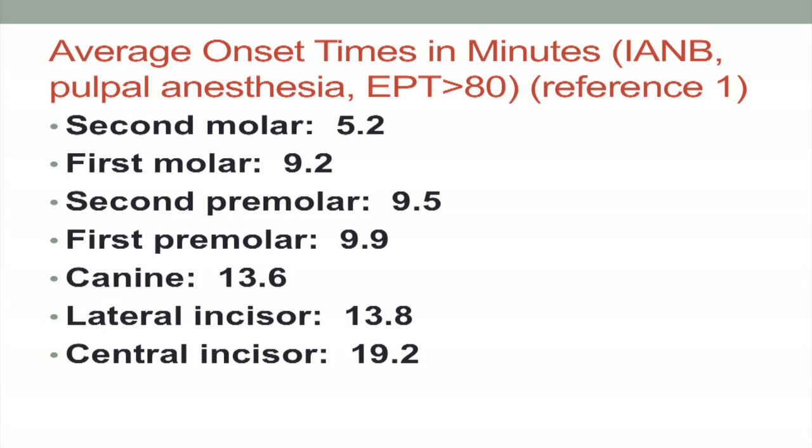Note that the onset time for the second molar averaged 5.2 minutes, the first molar required 9.2 minutes, the second premolar 9.5 minutes, the first premolar 9.9 minutes, the canine 13.6 minutes, the lateral incisor almost 14 minutes, and the central incisor almost 20 minutes. The take-home message here is important in that beginning a procedure too soon may result in your administration of 1 or even 2 additional and unnecessary injections.